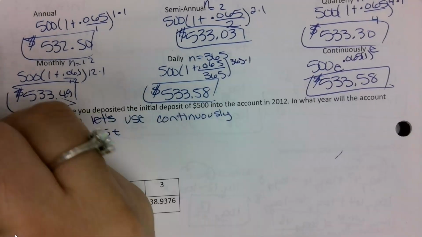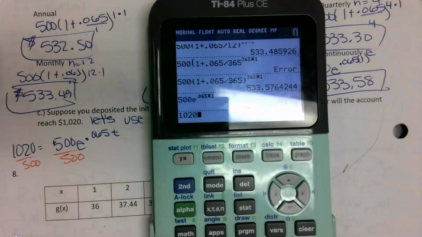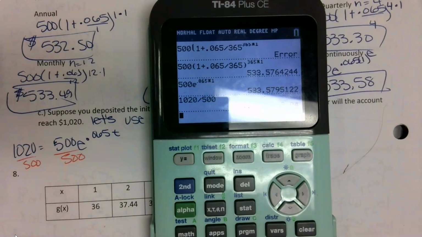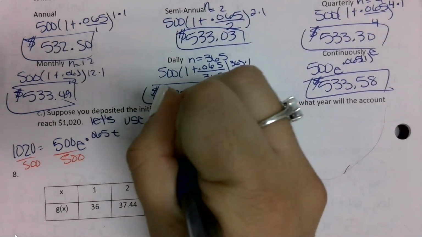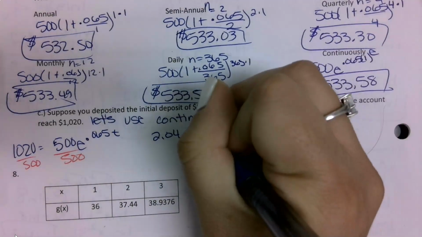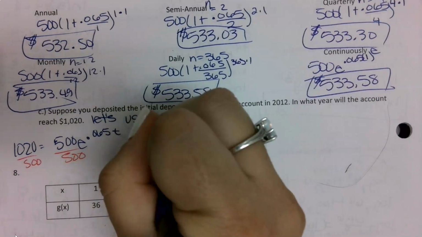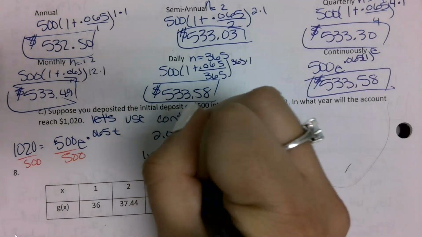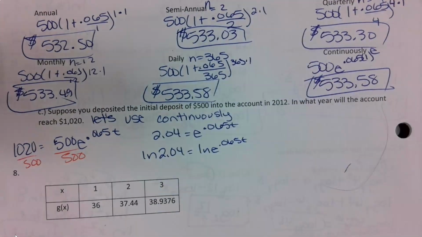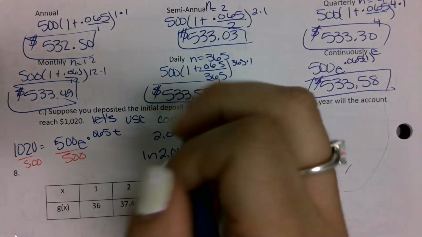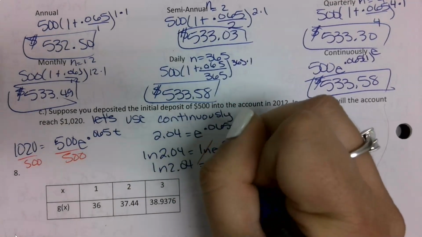I'm going to divide both sides by 500. 1020 divided by 500 is 2.04. Then I want to get rid of my e, so I'm going to take the natural log of both sides. On my right side, the ln and e cancel out. I still have ln 2.04. I don't want to type that in until the very end.